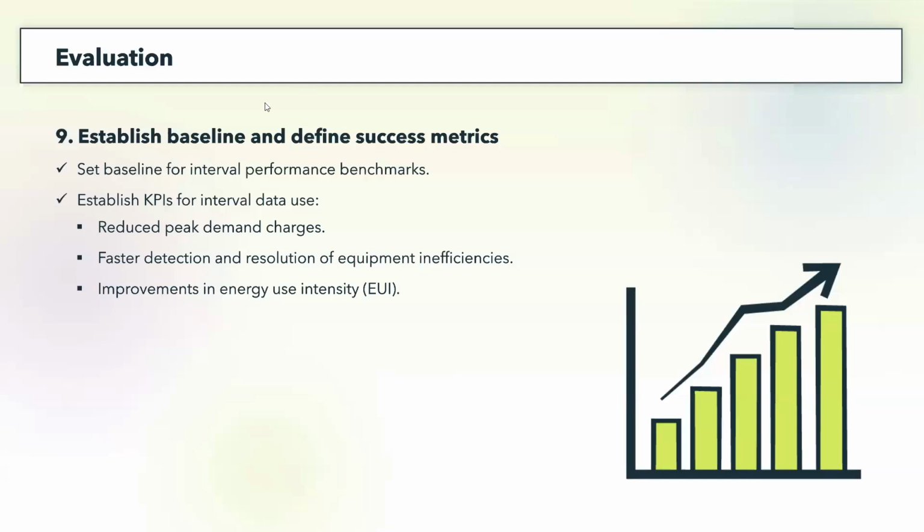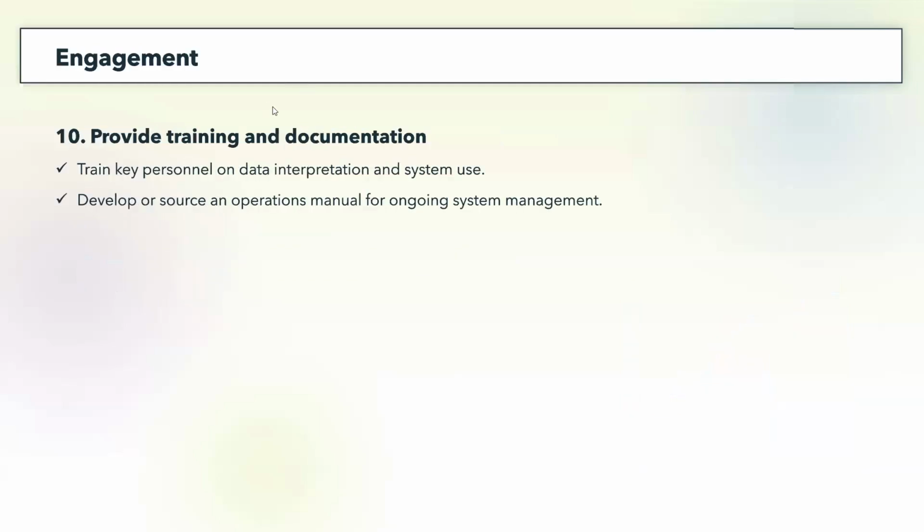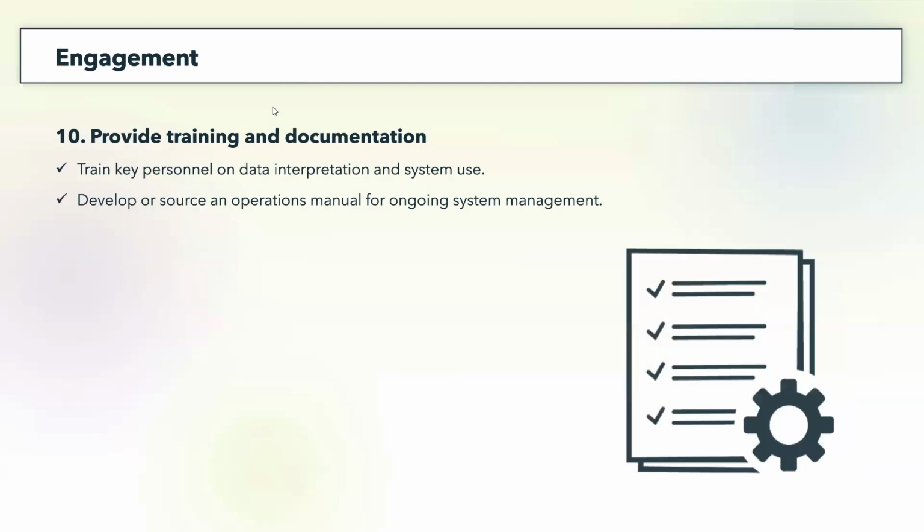So that's the evaluation piece. Engagement, we want to make sure that this investment is valuable for the whole organization, not only for the few or the team of energy managers that convinced the company to invest in this. So part of that is training and documenting the system, right? Training other people within the company and documenting how to use the system, how to keep it alive, and what we can get out of it.